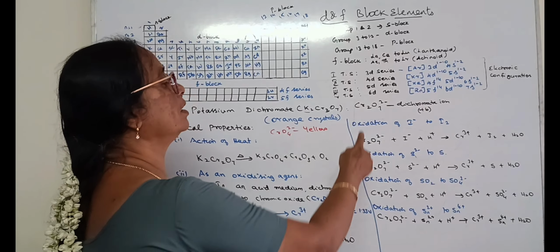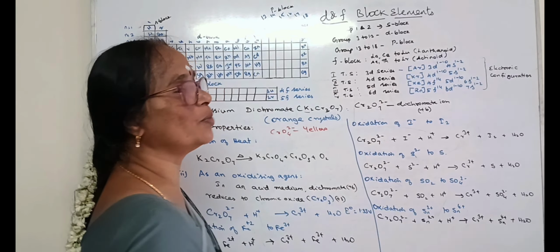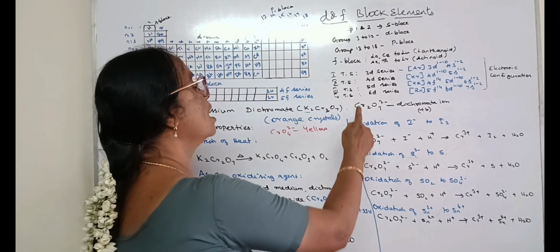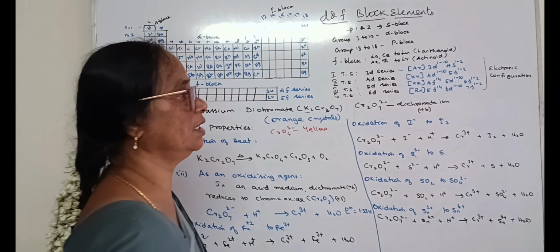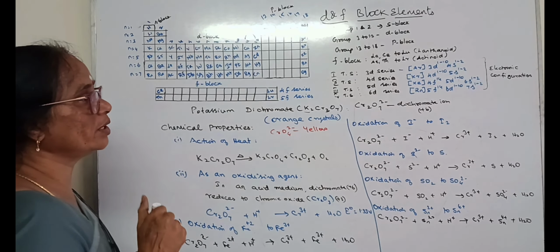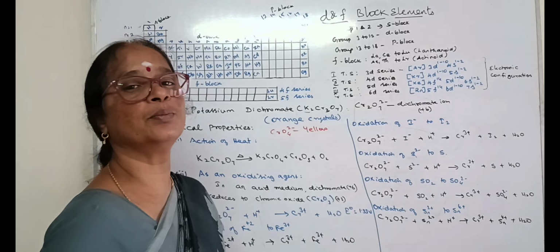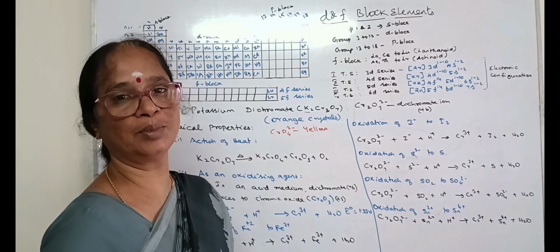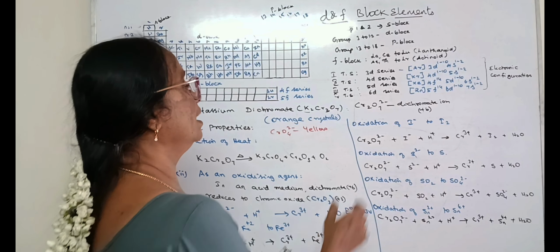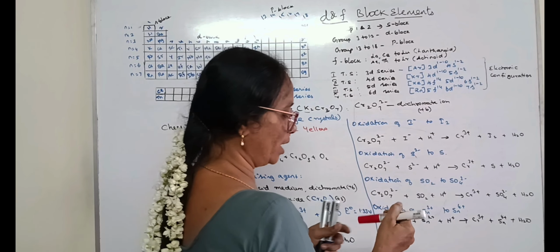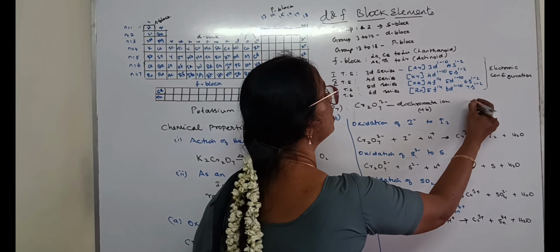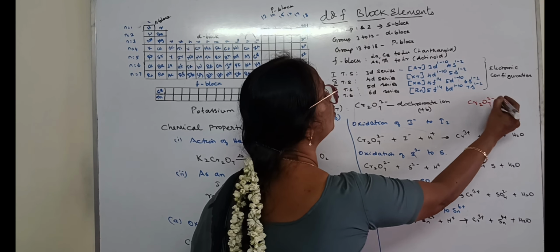Potassium dichromate has the Cr2O7 2- ion. Here the oxidation number of chromium is +6. How to calculate the oxidation number of a particular element in a compound? Let us find the oxidation number of chromium in dichromate ion. Here I have Cr2O7 2-.